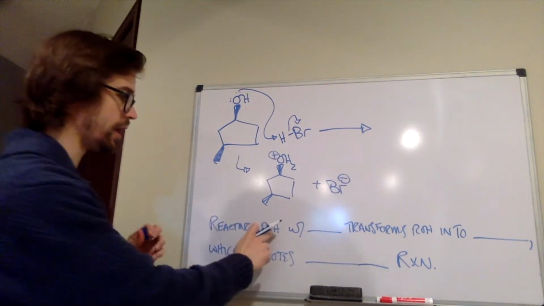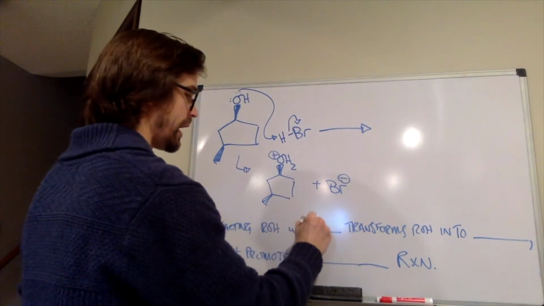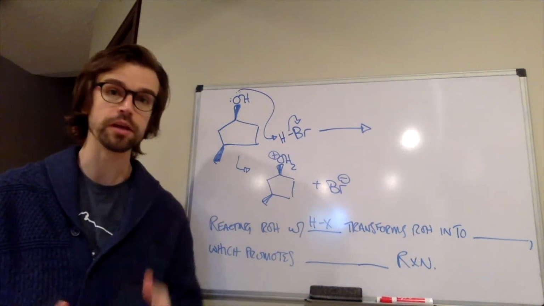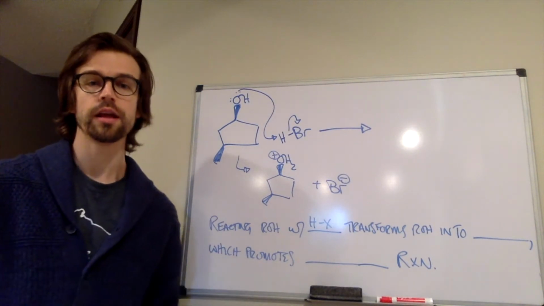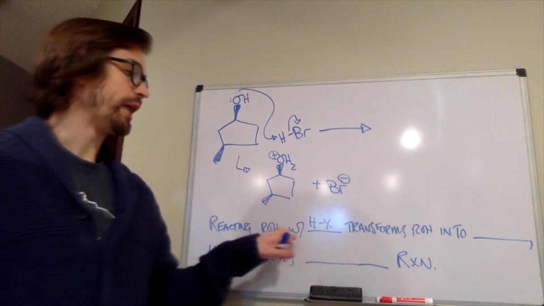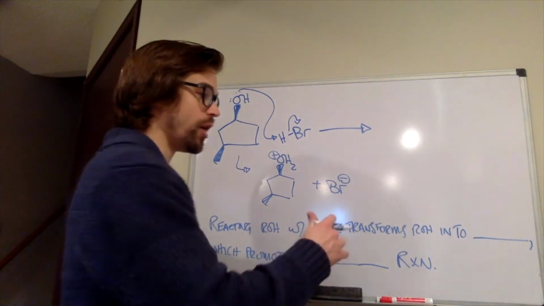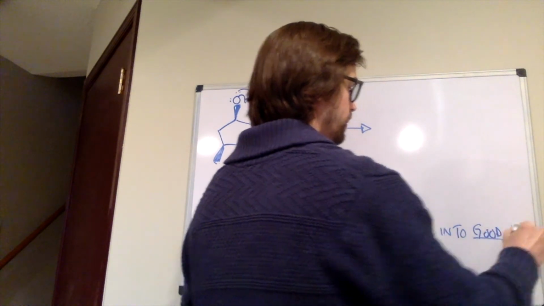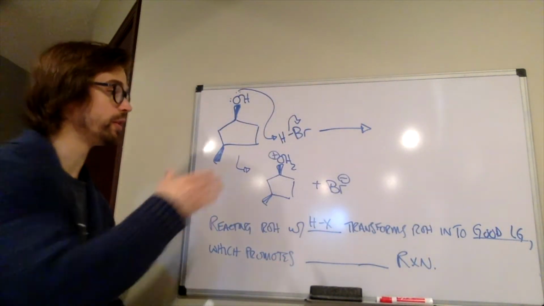So reacting an alcohol with HX, where the X could be Br, chlorine, or iodine, transforms the alcohol into a good leaving group. So we have our really good leaving group.